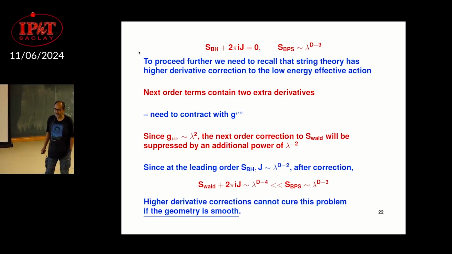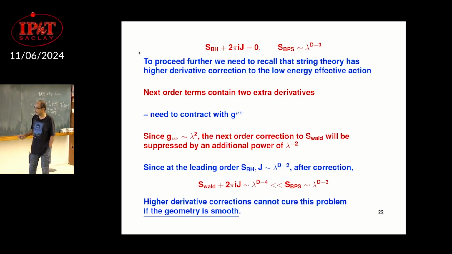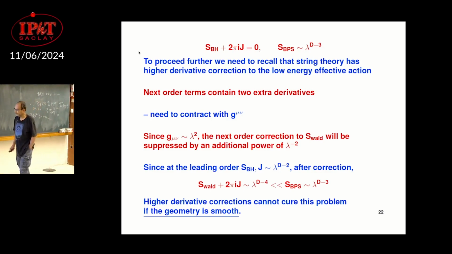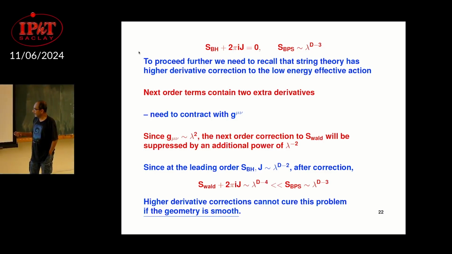Now the gravitational entropy computation gives a result that is less than the microscopic calculation. This argument holds provided the geometry is smooth. So the higher derivative corrections will not be able to cure this problem if the near horizon geometry is smooth.